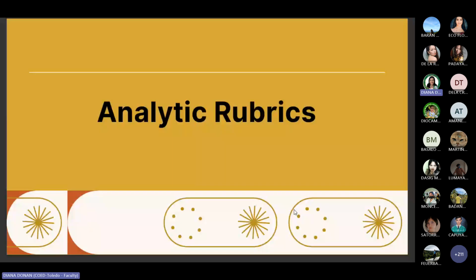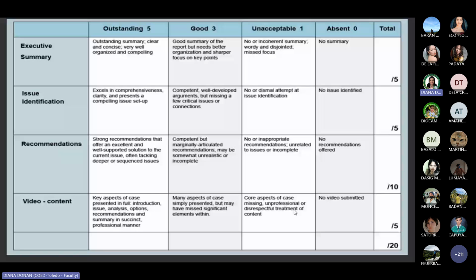This breaks down the assessment into specific criteria like the content, organization, grammar, or creativity, and each one is scored separately, di ba? So this provides detailed feedback so students know exactly where they did well and where they need to improve.